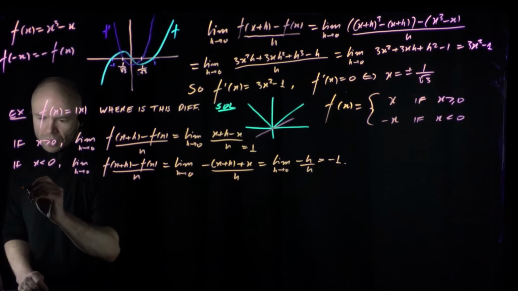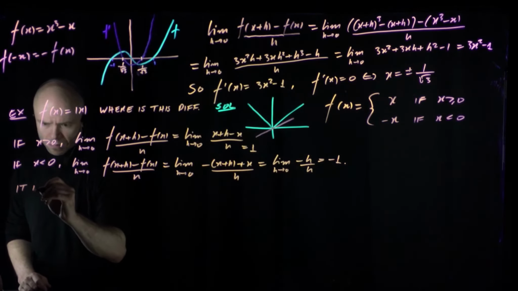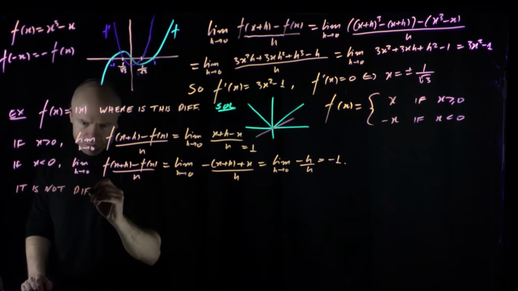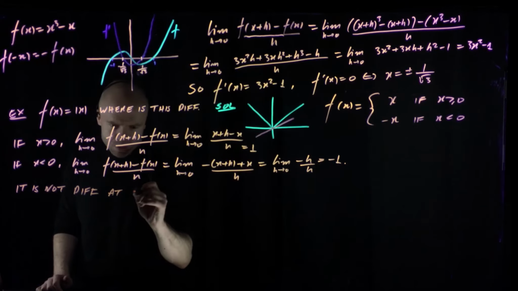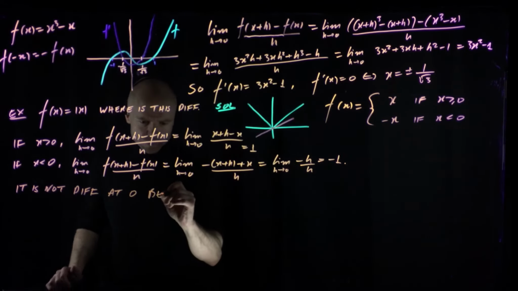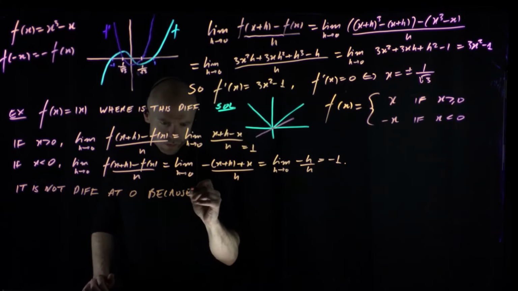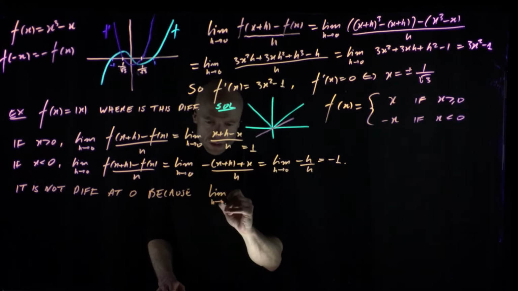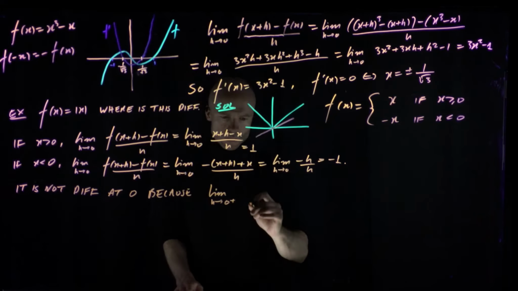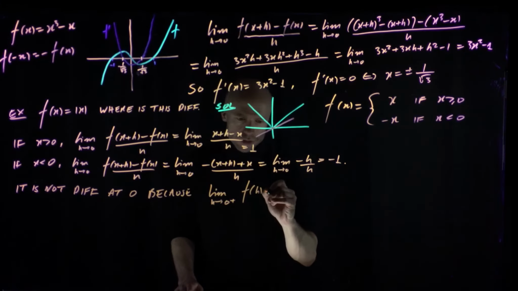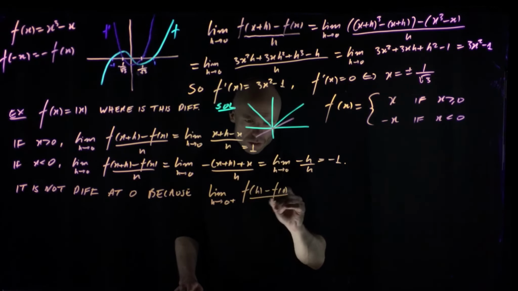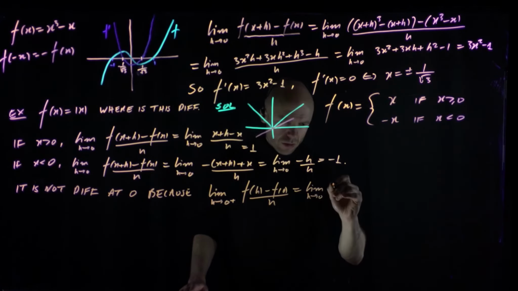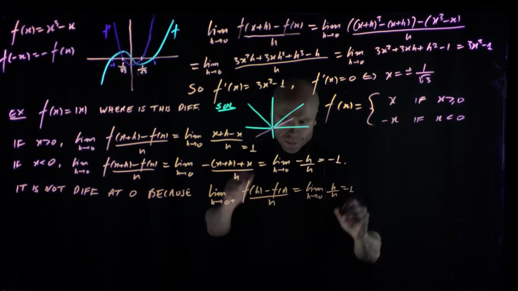So it is not differentiable, because the limit as h goes to 0 from the positive numbers of f of h minus f of 0 over h is just the limit as h goes to 0 of h over h, which is 1.